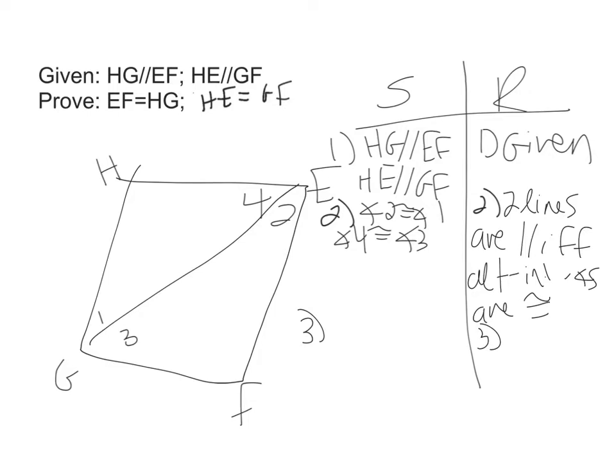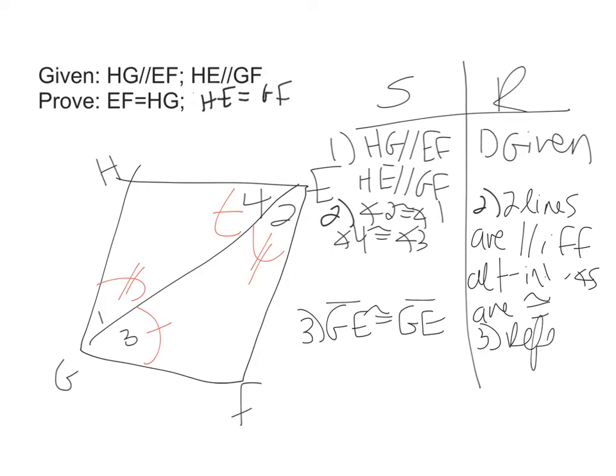Then I can use GE is congruent to GE with the reflexive property, and I've got that triangle GFE is congruent to triangle EHG.